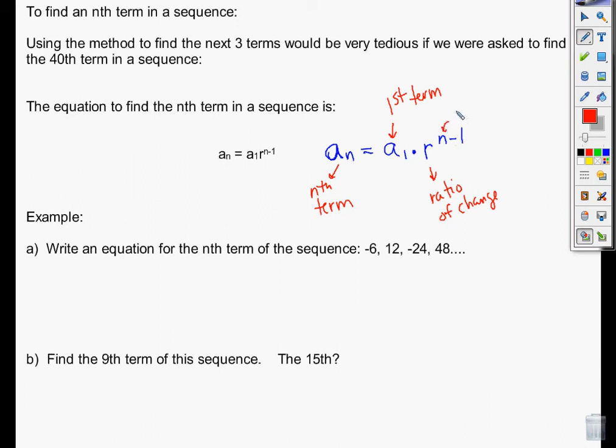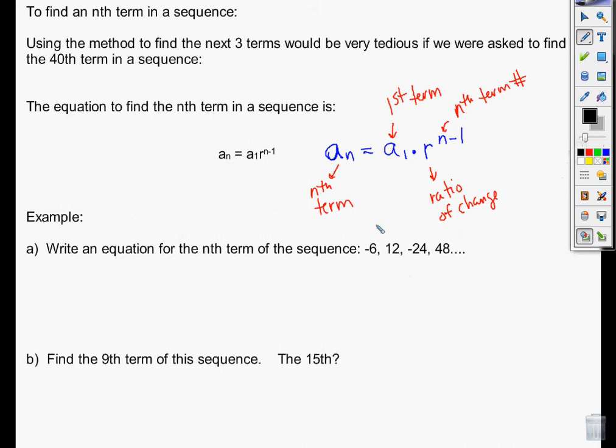Then n is your term number. Like if we were saying the 40th term, n is going to be 40, and then you subtract 1 from that, and that's your exponent.